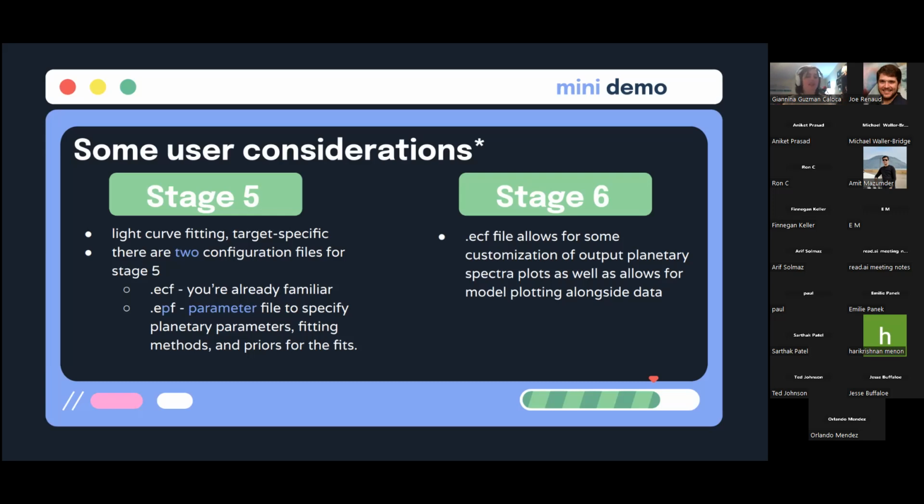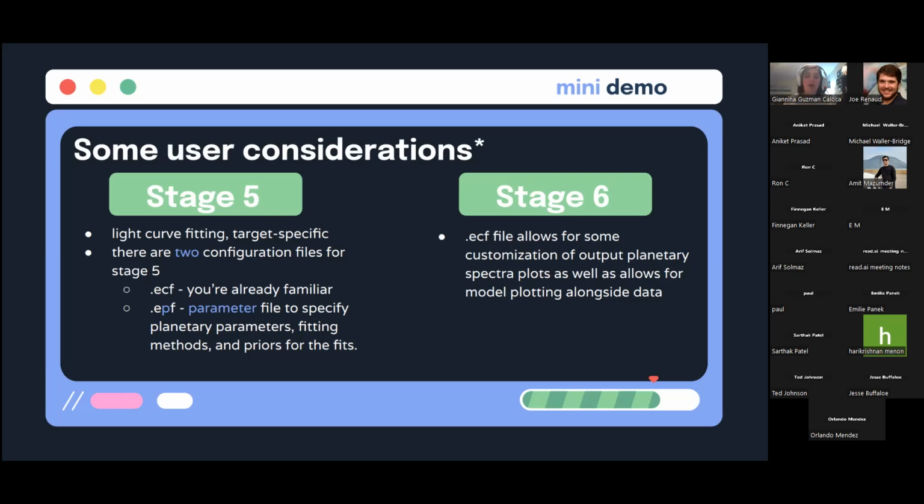But there is also another file for stage 5, which is the EPF file. It's a parameter file to specify planetary parameters. Usually I just remember it by P parameter, so EPF. This is a file that allows you to specify target specific planetary parameters for the fitting. It allows you to designate fitting methods that you're going to use for your planetary parameters, and priors for these fits as well.